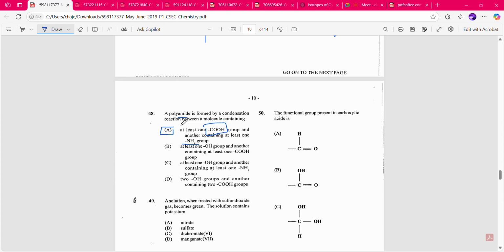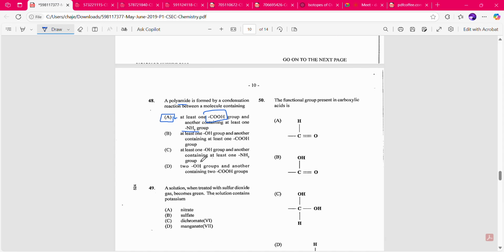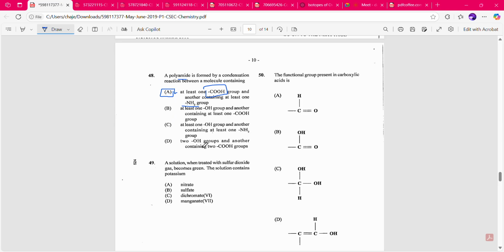Amino acids being formed from amino groups and carboxylic groups. That's for protein. However, polyamides are the synthetic version of proteins, so I'm sticking to A being the correct answer. Once again, polyamides are formed from the reaction with a carboxylic acid and an amino group. We know that for this one, D, alcohol and carboxylic acid, the answer would have been ester. This would have been an ester here.